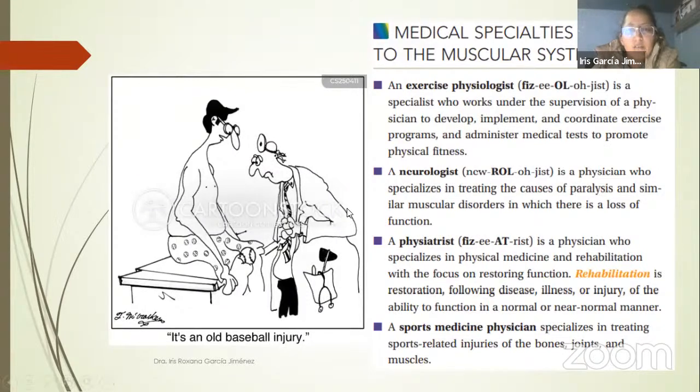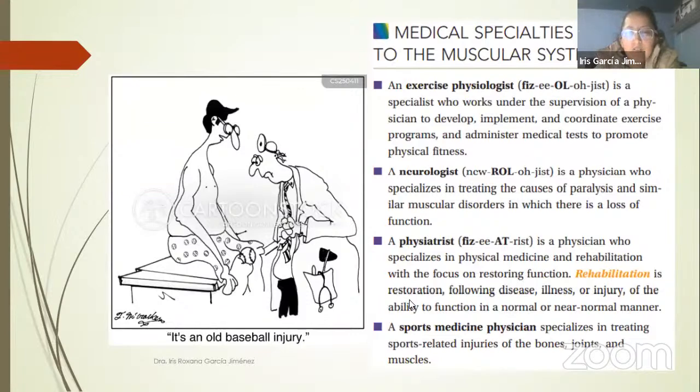Another one, neurologist. The neurologist is a physician who specializes in treating the causes of paralysis and similar muscular disorders in which there is a loss of function. Okay. The physiatrist is a physician who specializes in physical medicine and rehabilitation with the focus of restoring function.